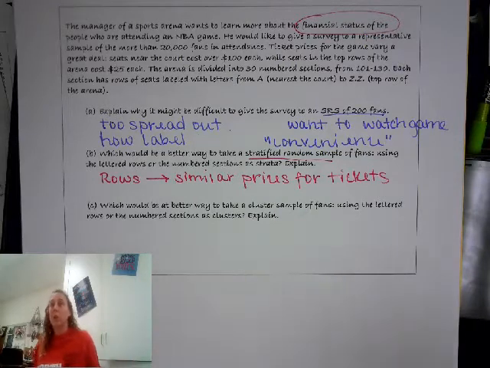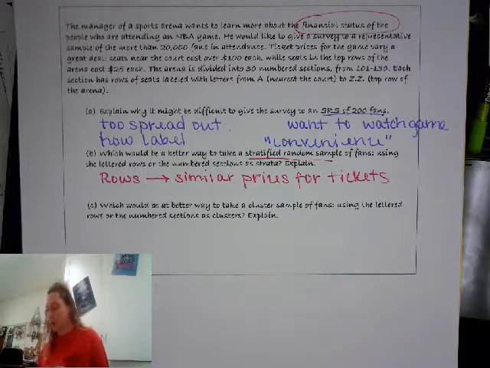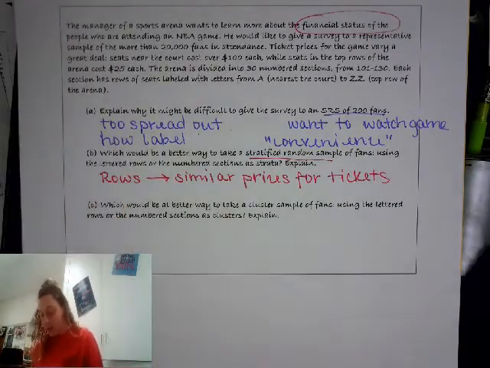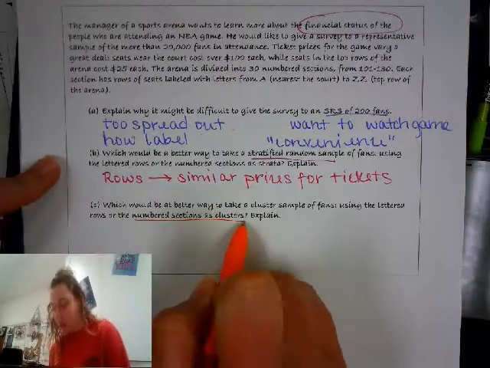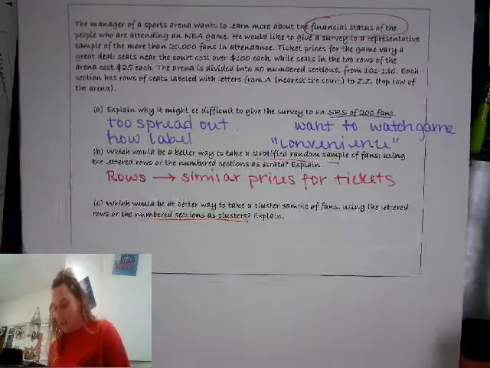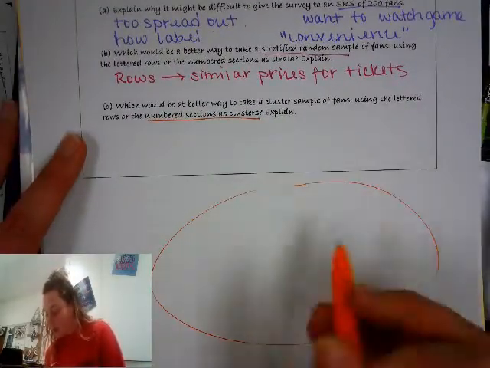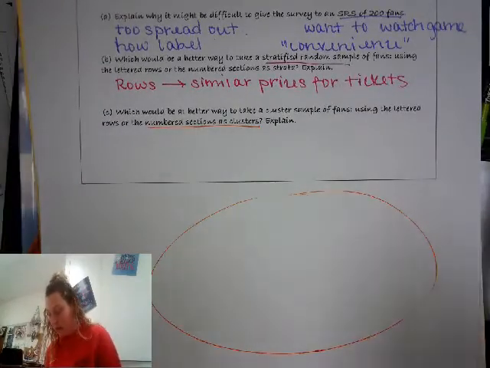And then obviously the cluster sample would be the opposite, to take the numbered sections as your clusters, because in my head I always picture this. So here's our arena, and the rows as they go up, they cost less, right? But they have their numbered section. Sorry, I wanted to make sure I used numbers instead of letters.